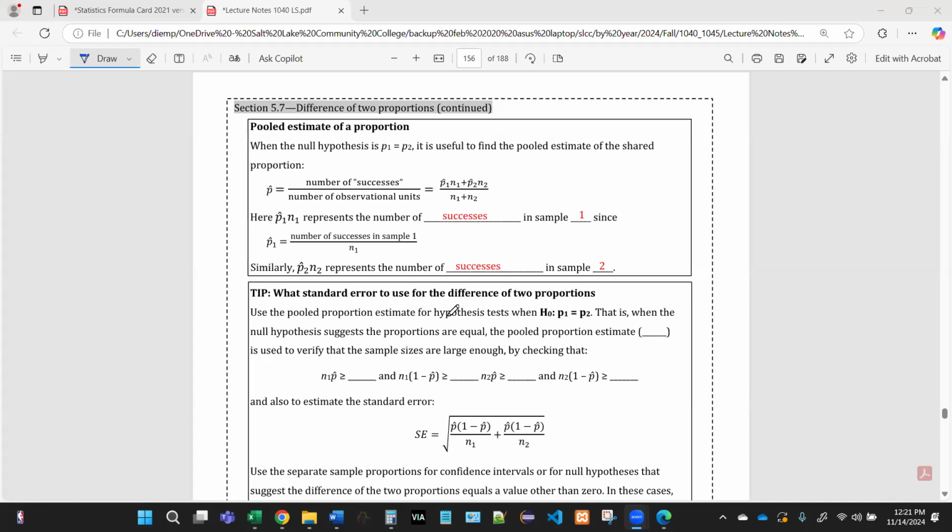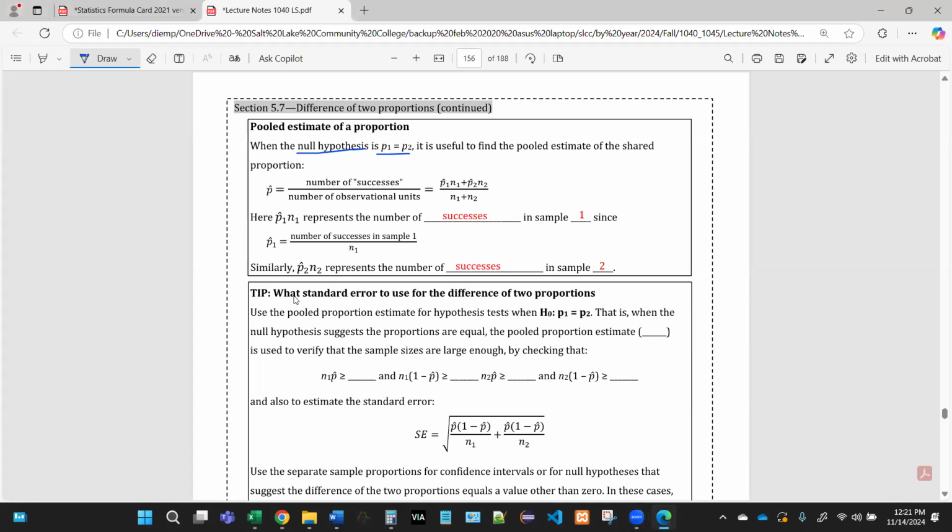the one thing that is a little bit different is this idea of the pooled proportion. Okay, and so under the null hypothesis, what we'll see is that there is no difference, right? The null hypothesis is that there is no difference between the two populations.